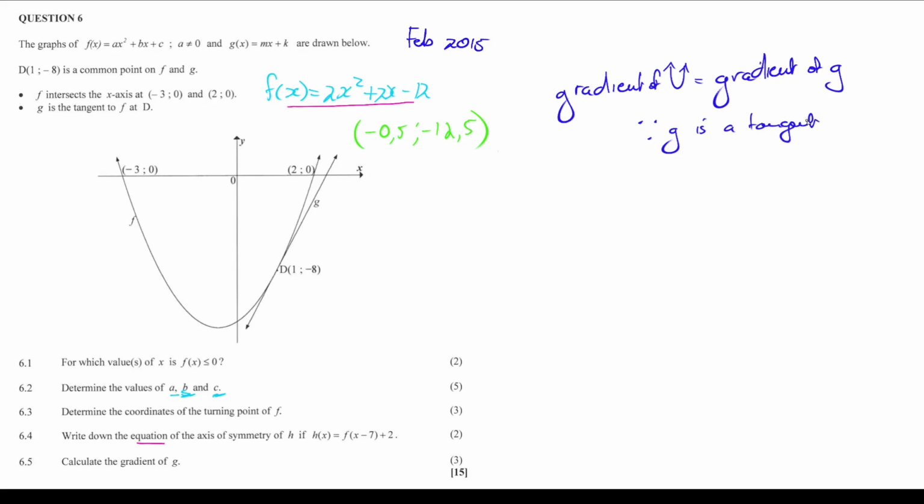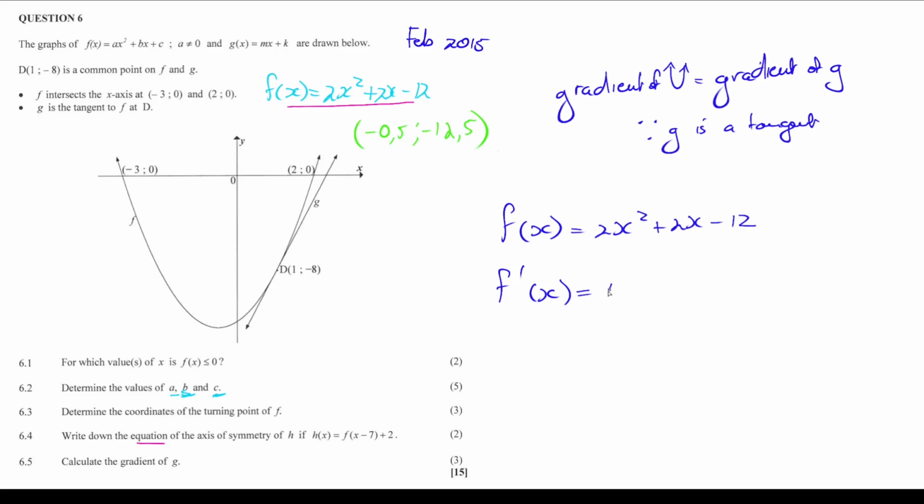How do we find the gradient of a parabola at a particular point? Well, we find the first derivative, because the first derivative makes gradients. So we have f of x equals 2x squared plus 2x minus 12. For the grade 12s, if you haven't done differential calculus, you won't be able to do this either. I should have said that earlier. Anyway, here we go.